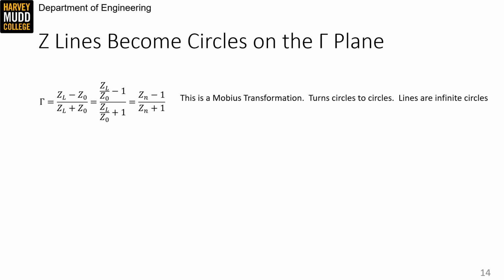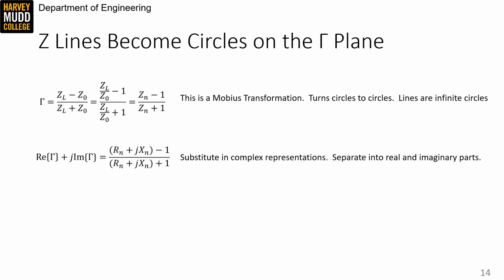We're going to stretch this equation to the breaking point on this slide, but all of the manipulations are just high school algebra on the real and imaginary parts of it. So we get started by substituting Rn plus jXn for Zn, where Rn is a normalized load resistance and Xn is normalized load reactance. We also split gamma into its real and imaginary parts. Once we've done that, we've actually stealthily converted this equation into two equations. We know that the real parts of the left and right side have to be equal, and so do the imaginary parts.